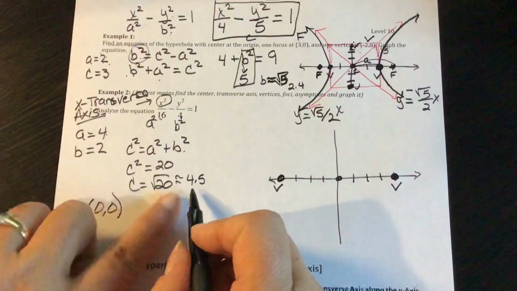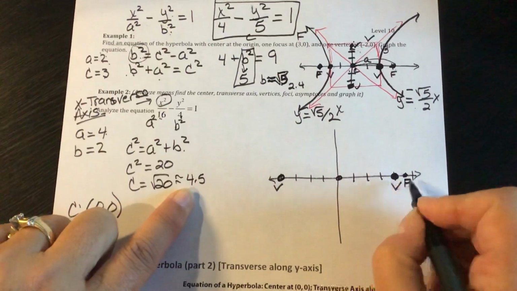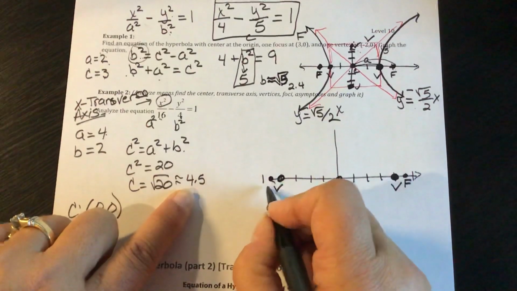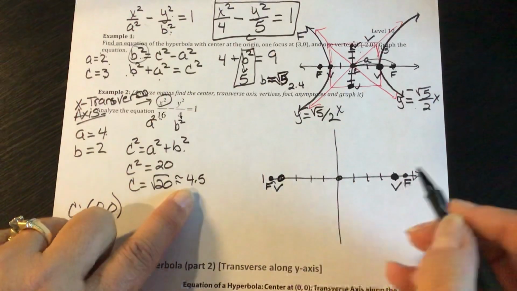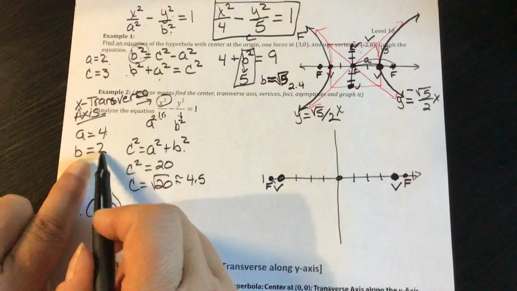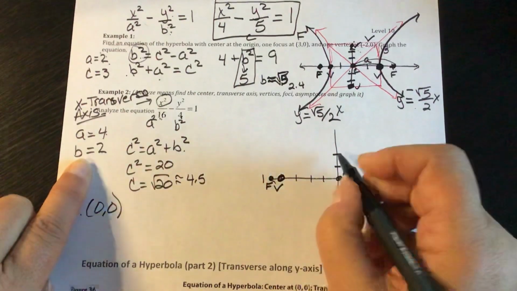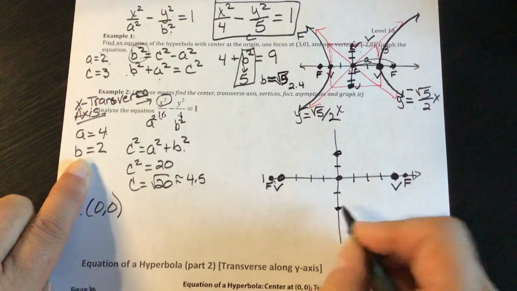I have foci at about 4.5 and negative 4.5. And then on my minor axis, I have these non-important vertices at positive and negative 2.